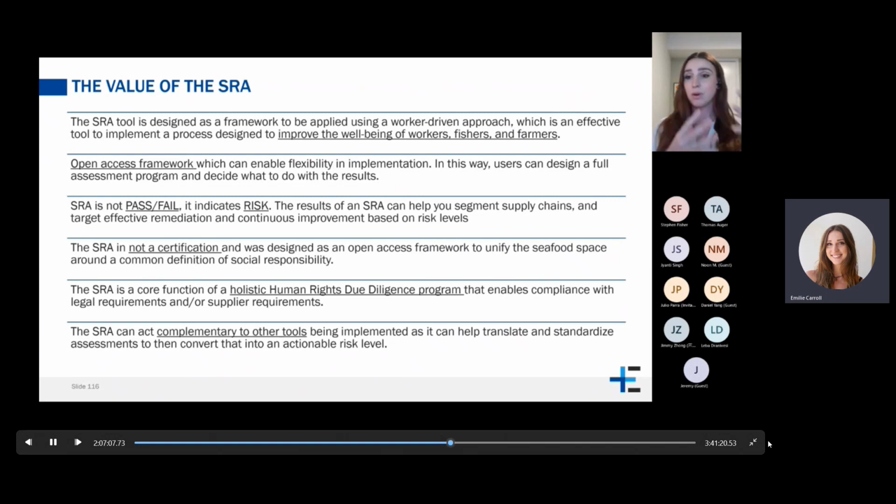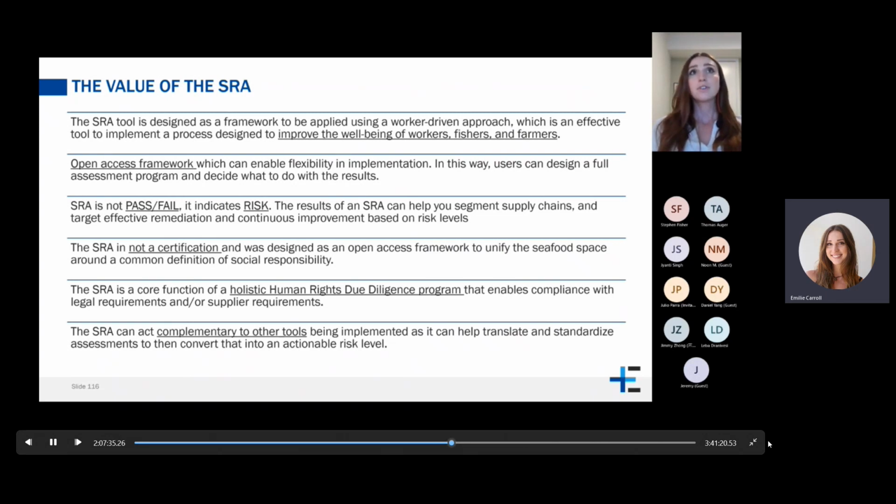Ultimately, it's about all the worker-driven elements that I was training on yesterday, and how it's really focused on the workers and their rights. It's a really good, effective tool to implement to ultimately uncover, and then improve, the overall well-being of workers, fishers, and farmers that are affected.